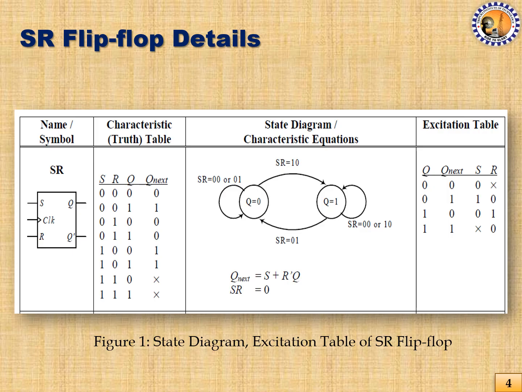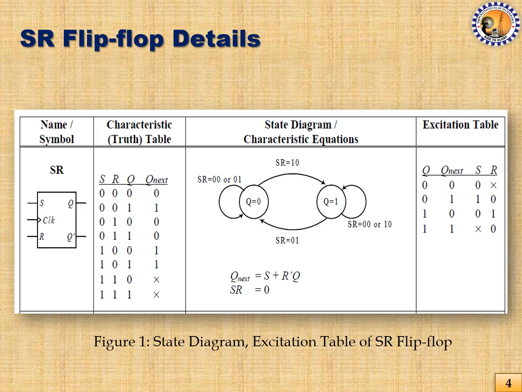If we see the characteristic table, in these three conditions the present state is 0, but in these two conditions the next state is also 0.